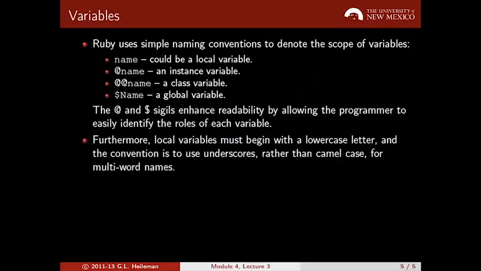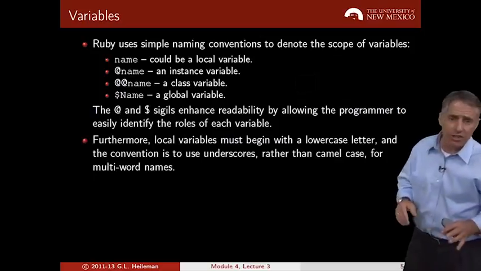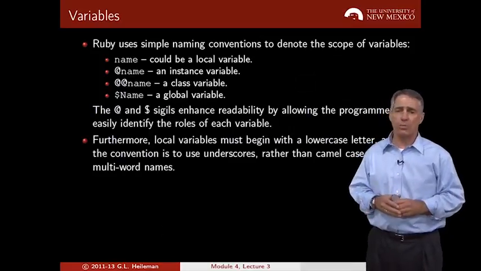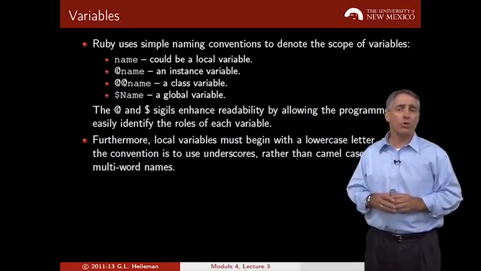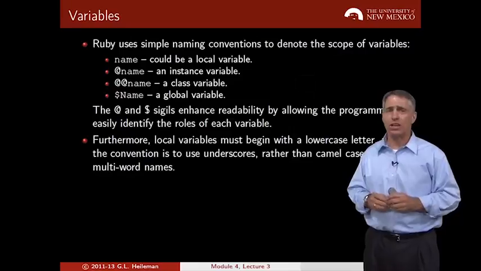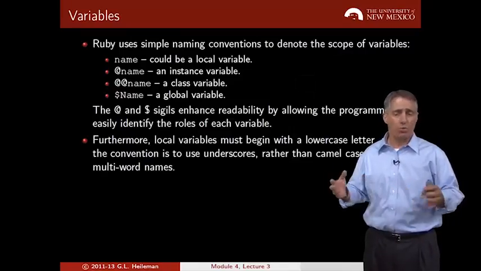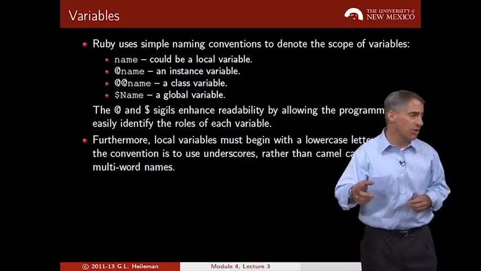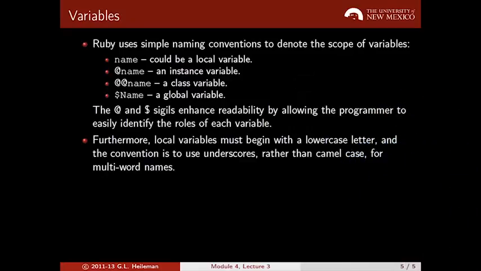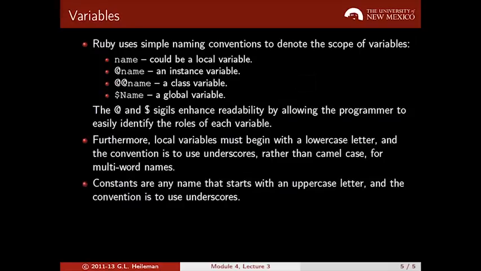Now, the convention is that lowercase letters are used for local variables, and to use underscores as well, rather than camel case. I showed you camel case where you use uppercase for the beginning of each word and you take out all the spaces. For multi-word names, in camel case, you take out the spaces. And the other convention, again, for local variables is to use an underscore instead.